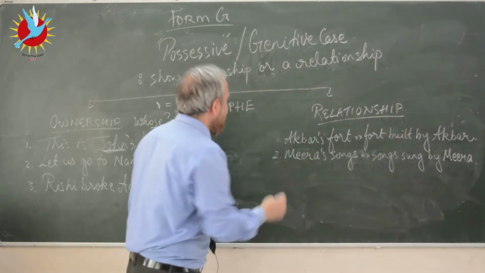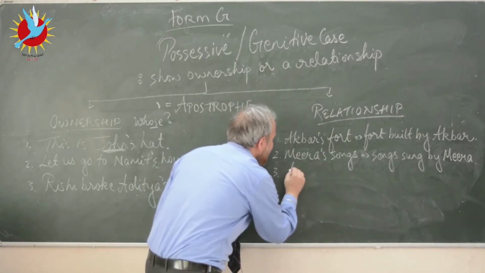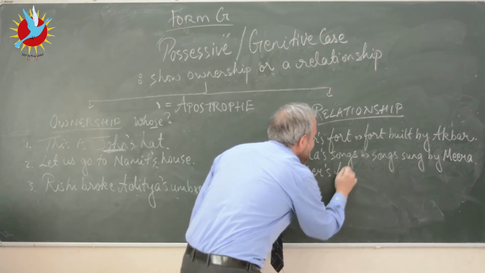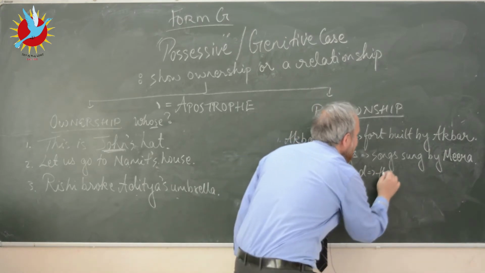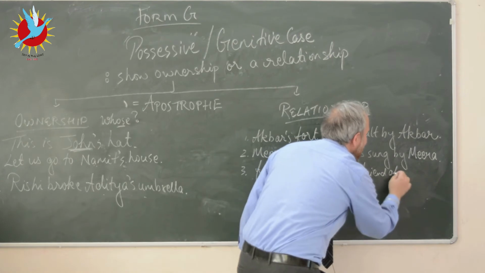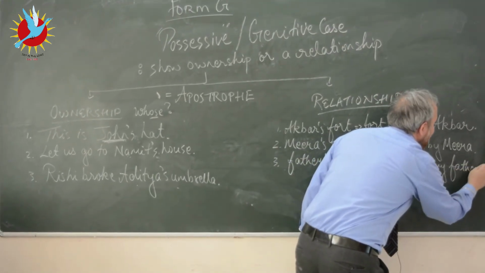Okay, so let's say another example. Let's say my father's friend. So what does it mean? It means the friend of my father.